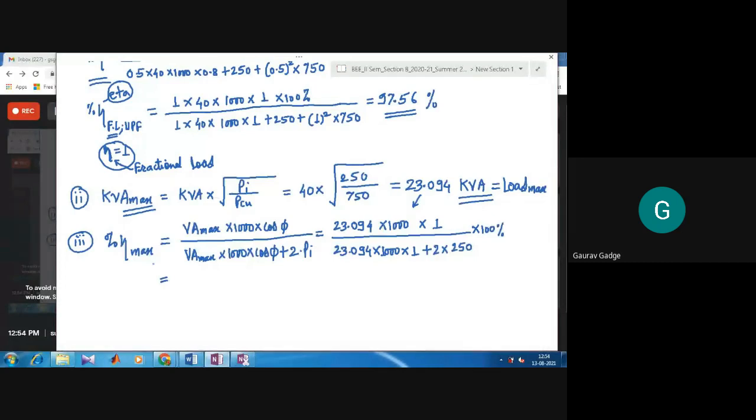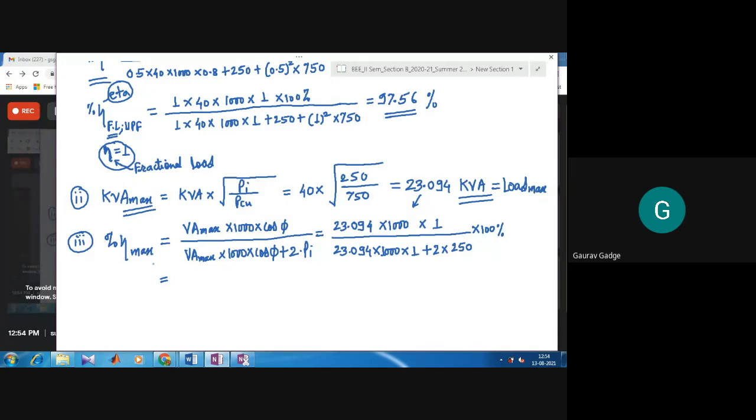Okay, now again put this value: 23.094 multiplied by 1000. Right, guys? 1000 multiplied by 1, correct? Multiplied by 100%, divided by 23.094 into 1000 multiplied by 1 plus 2 into 250.